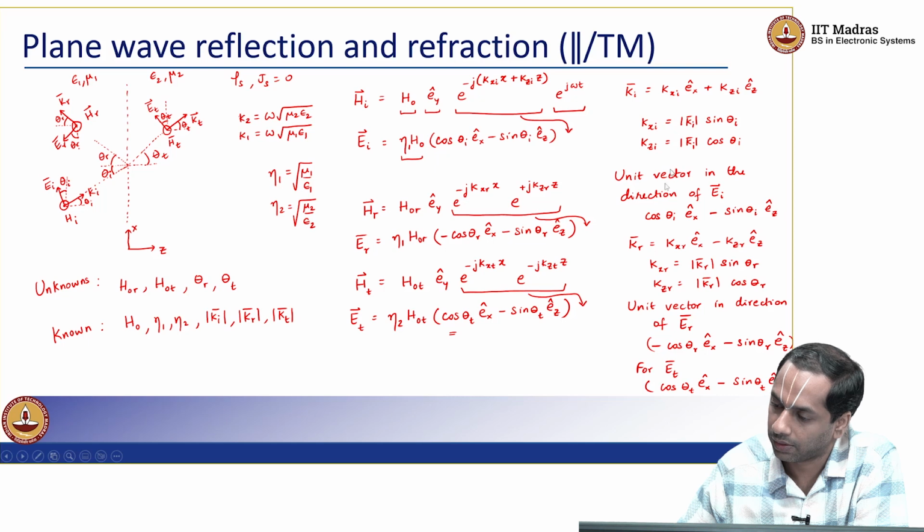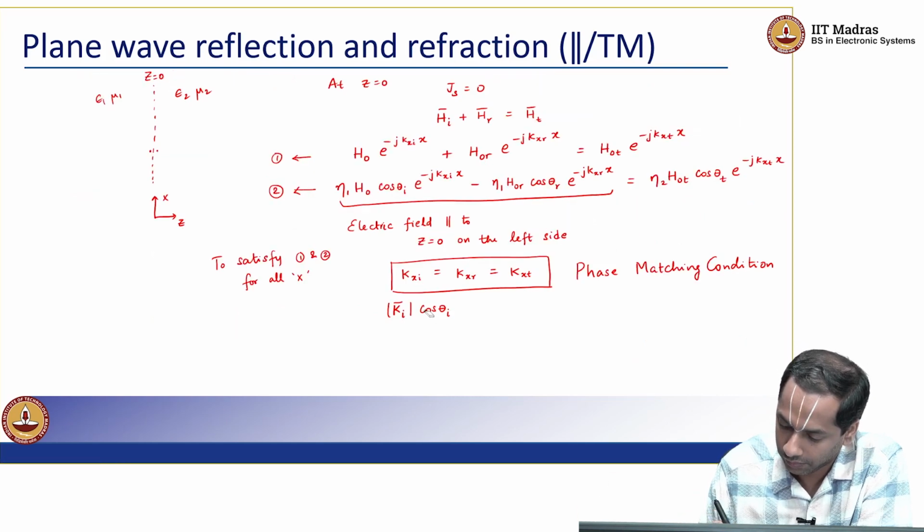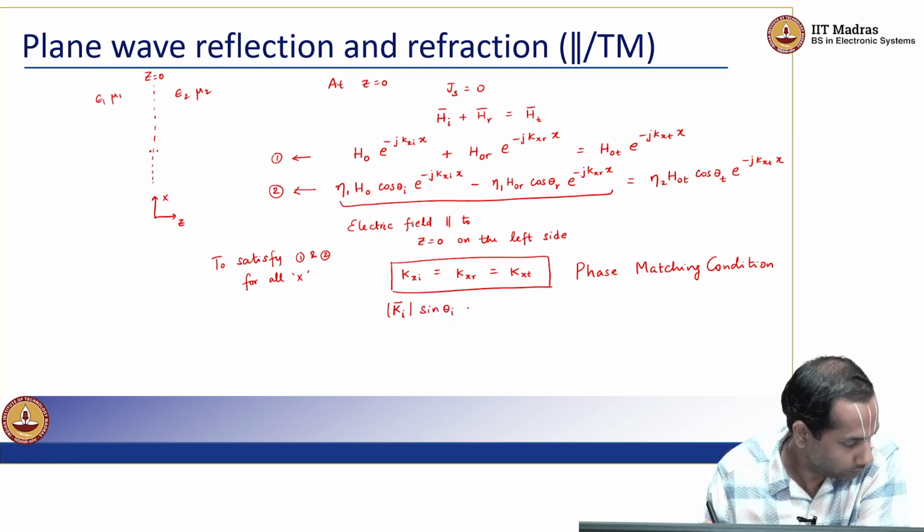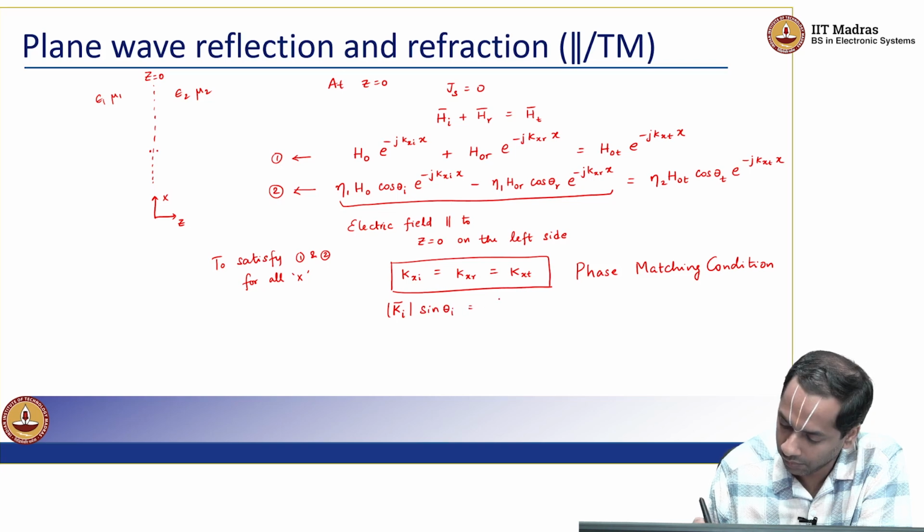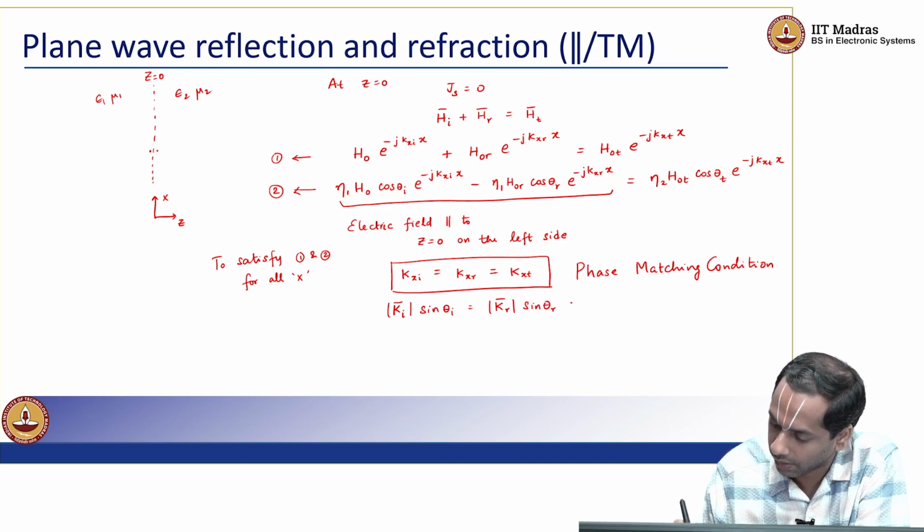Sorry, kxi was ki sin theta I, which was kr sin theta r, and which is also kt sin of theta t.